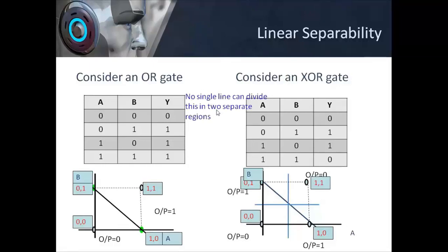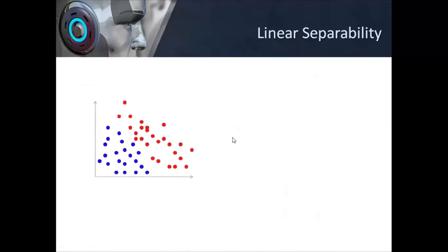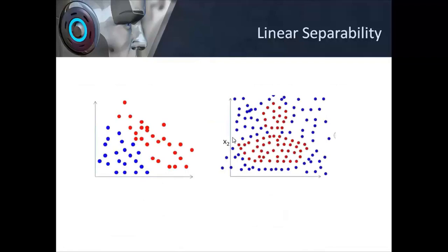So, linearly non-separable problems are those in which no single line can divide the regions into two separate regions. Let's take one example. Consider this plot. Let this be A and this be B. Now, which of the two do you think is linearly separable?